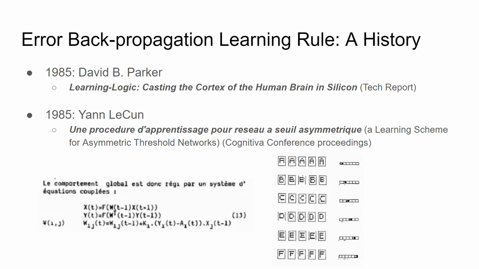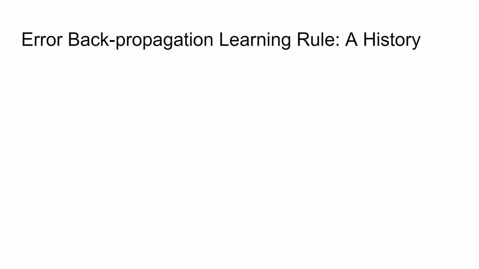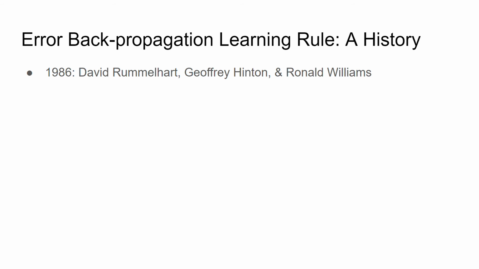That said, you could argue that those might be places where it came from. The paper that really suddenly makes a splash, and is now cited as the paper that invents backpropagation, or at the very least popularizes it, is this 1986 paper by Rumelhart, Hinton, and Williams. Geoff Hinton, of course, is still a rather big luminary in artificial intelligence.